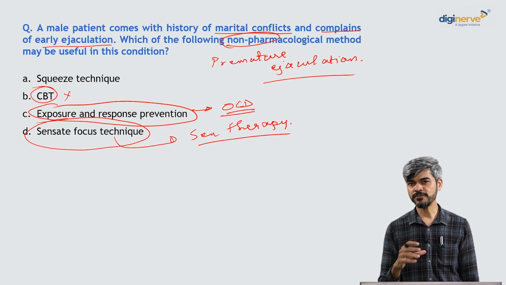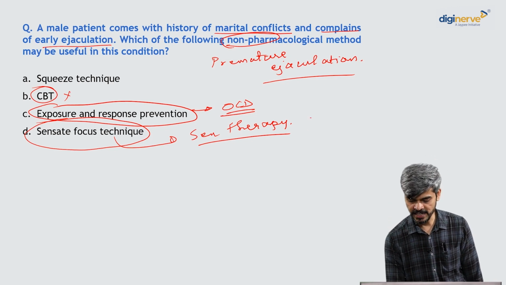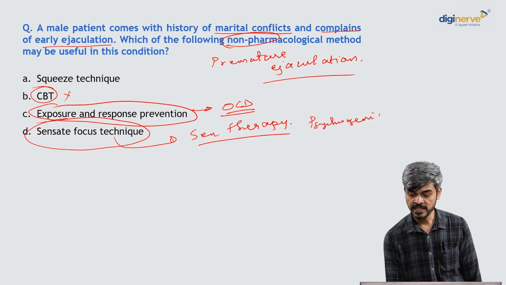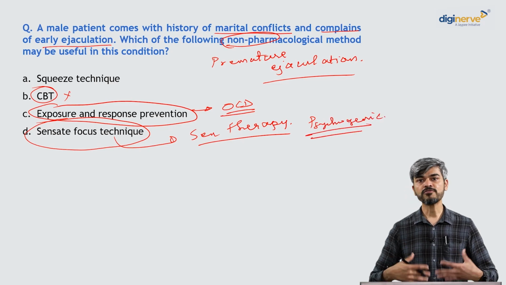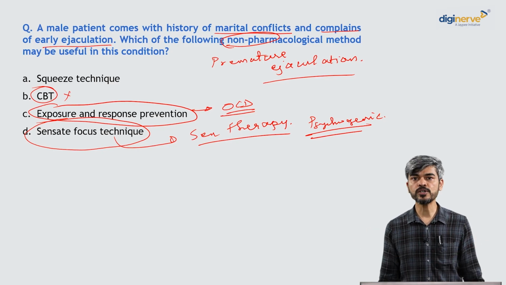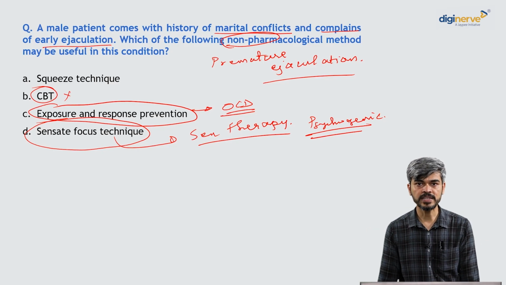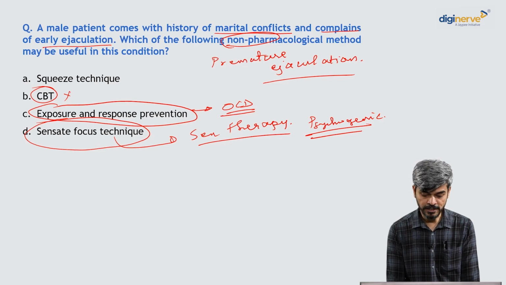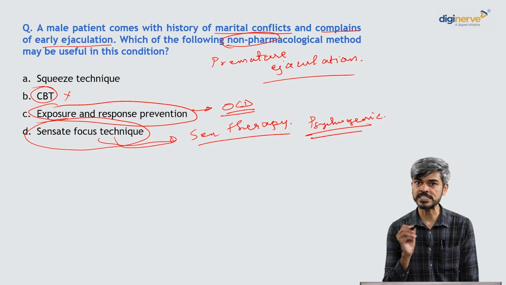And usually if these problems are psychogenic in nature, so they have gone to the urologist, they have got all the tests done, there is no problem in the nervous system, no diabetes, no hypertension, still they are not able to perform in bed, then probably sensate focus therapy is a form of sex therapy which can be useful.